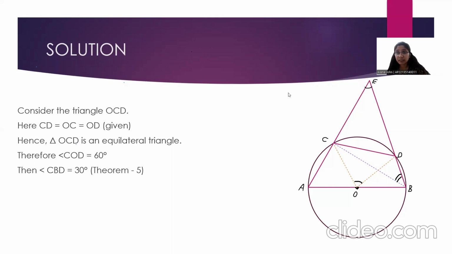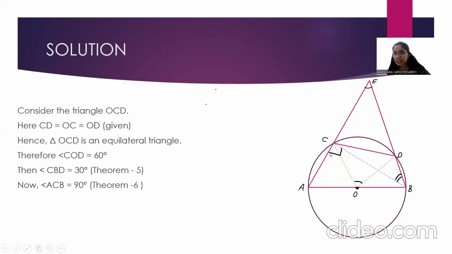We have learned it by theorem 6, that angle ACB will be 90 degrees. So angle ACB is equal to 90 degrees, because the angle subtended by a semicircle is 90 degrees. That is theorem 6. From that, clearly we will be getting this angle to be 90 degrees.